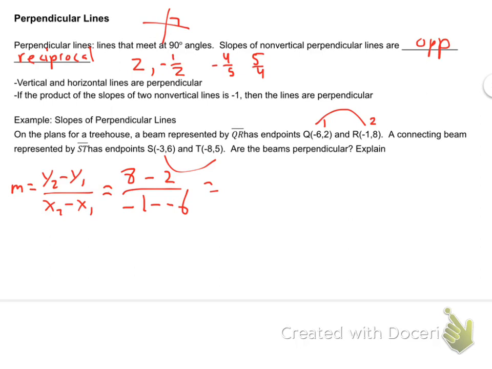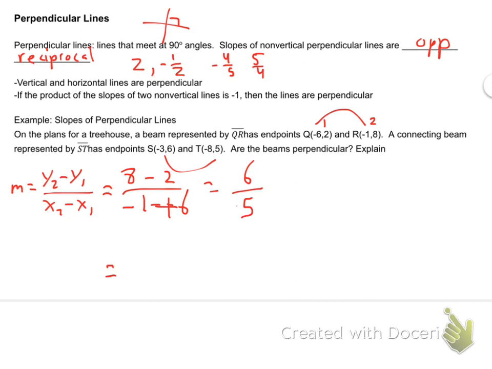And I get 6 over, not negative, because 2 negatives make a positive. Almost made that mistake. And so I can take this out of here, and it'd be 6 over 5. So a -1 plus 6 is 5, yes.